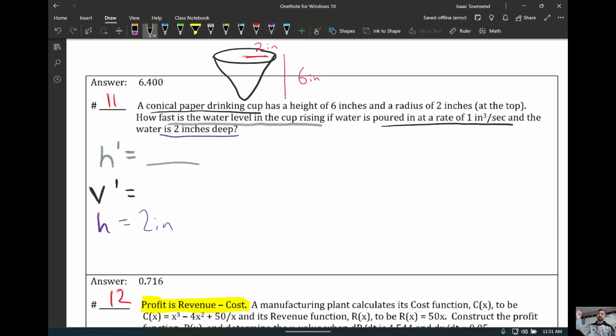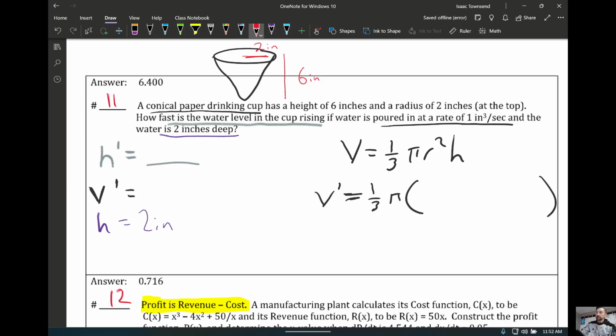So what I suspect that you did is you started off with a geometry formula, volume of a cone, and that's good, that's fine. You should have taken the derivative of this with respect to time. 1/3 pi is just a number, so I'll worry about that later. But notice, to take the derivative of r squared h, you have to do product rule.